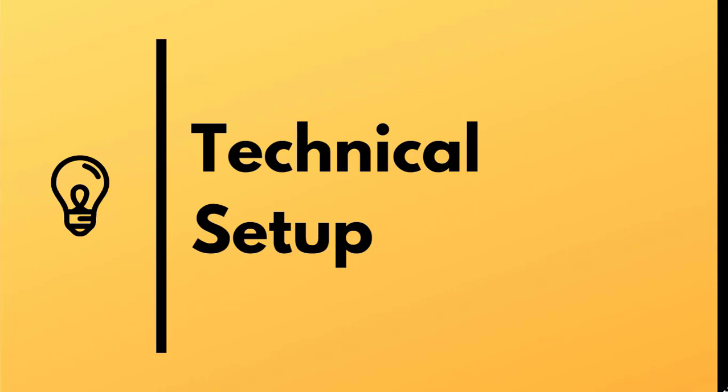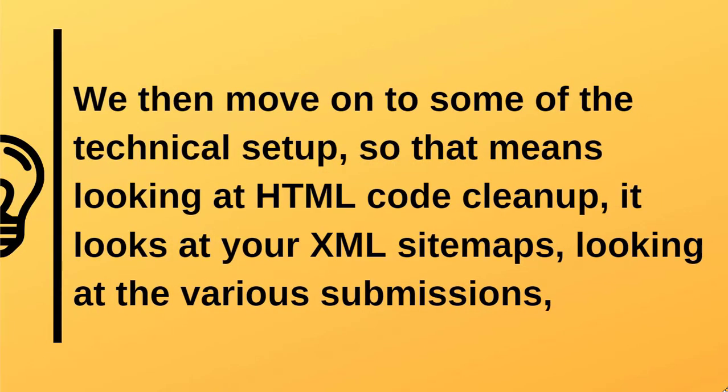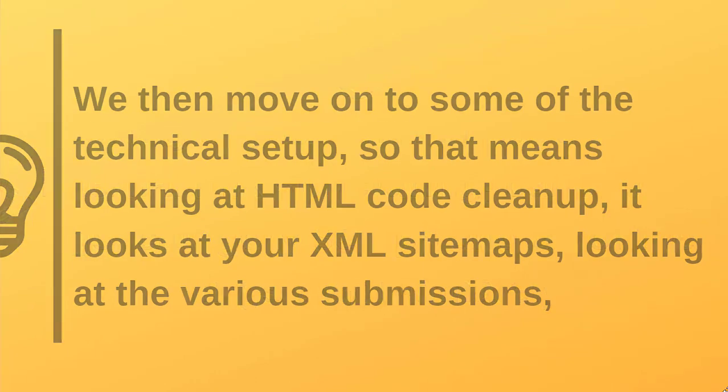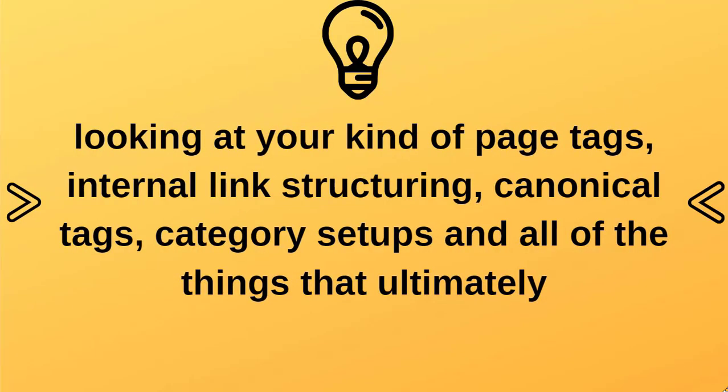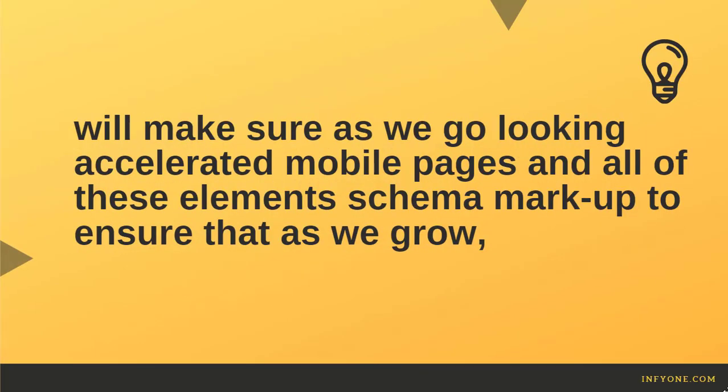So the second part of our SEO process is technical setup. We then move on to some of the technical setup. That means looking at HTML code cleanup, your XML sitemaps and the various submissions, your page tags, internal link structuring, canonical tags, category setups, accelerated mobile pages, and schema markup.